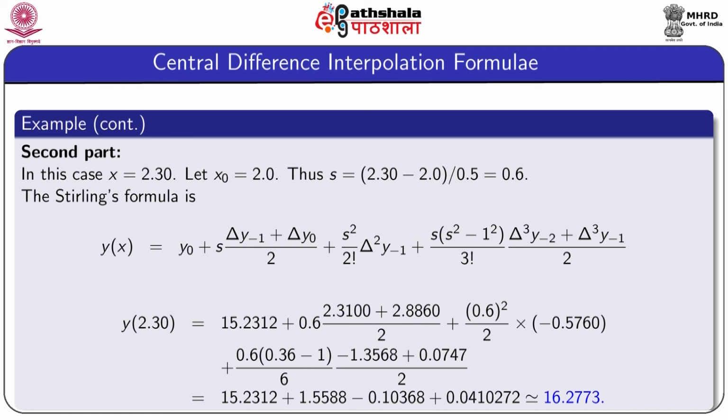By putting in the values of delta y0, delta y minus 1, delta 2 y minus 1, delta 3 y minus 2, delta 3 y minus 1 and the value of s, we get the value of y at x equals 2.30, which is approximately 16.2773, and this value is correct up to 4 decimal places.